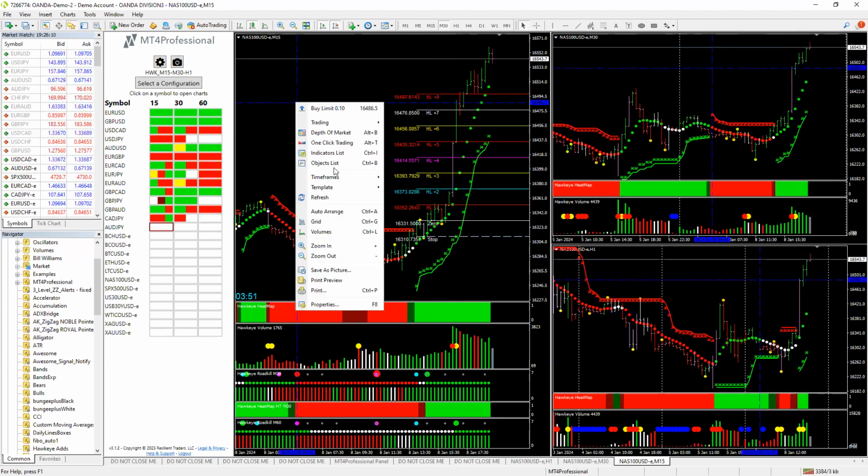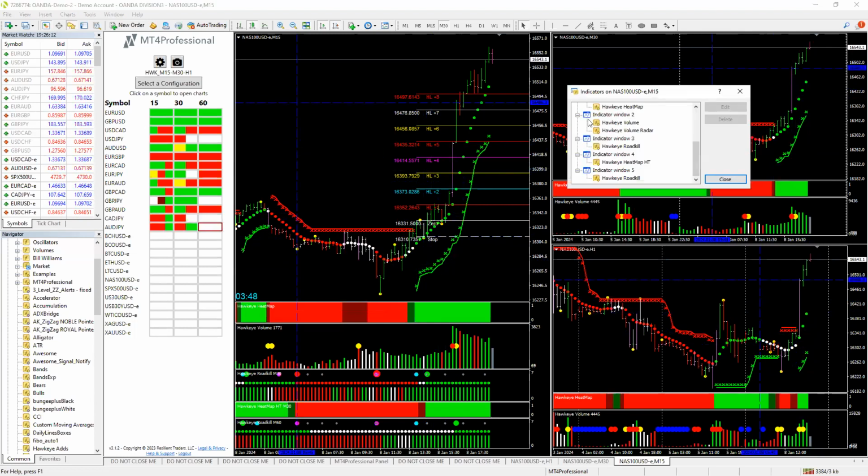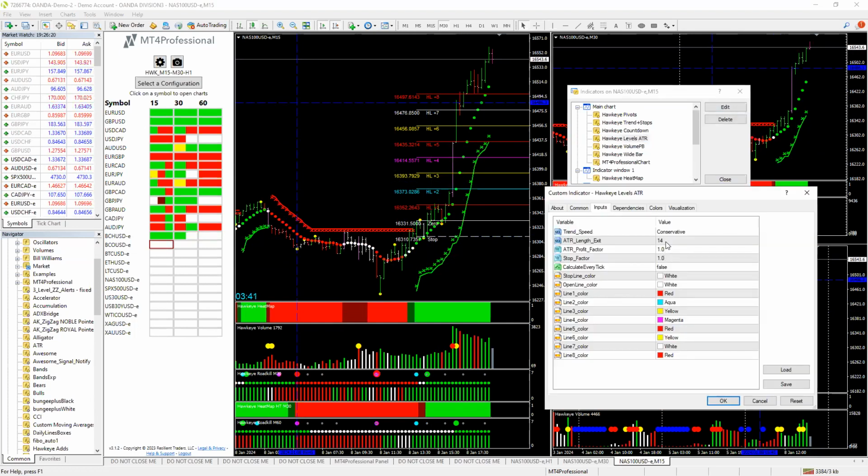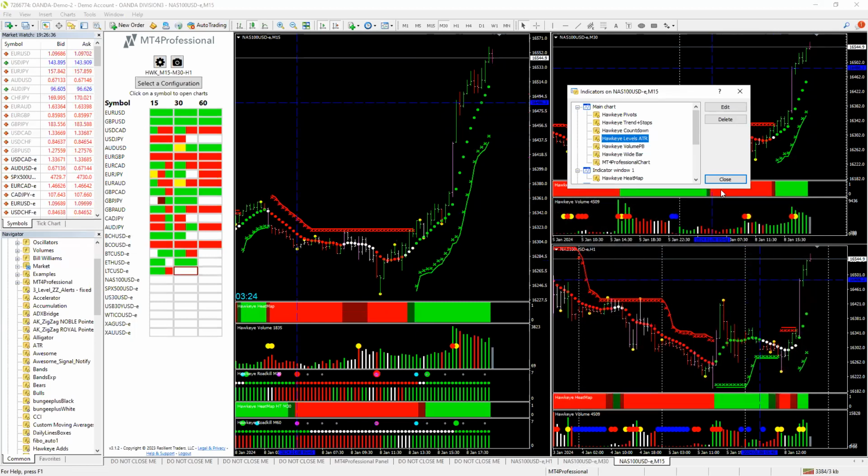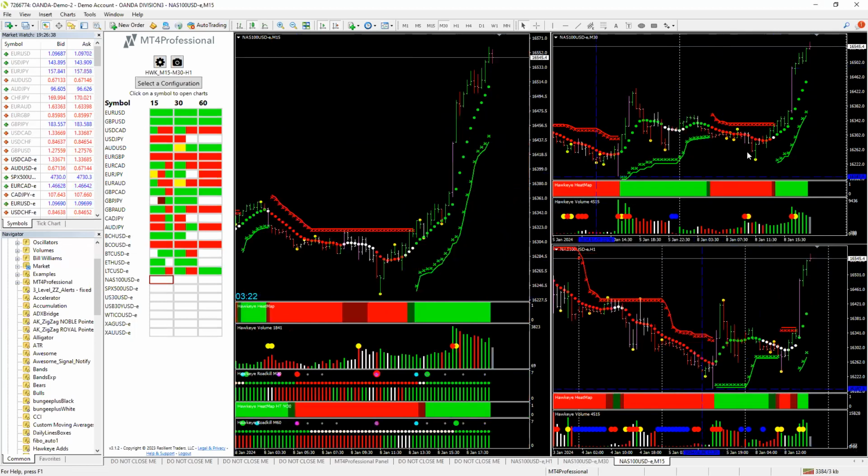In this particular case, I would look for the levels right here. And instead of the profit factor or the stop factor being set as a 1-to-1, I'm going to change this profit factor right here to a 2. All right, so 2 ATRs are going to be my set profit. So I'll set that up like that.